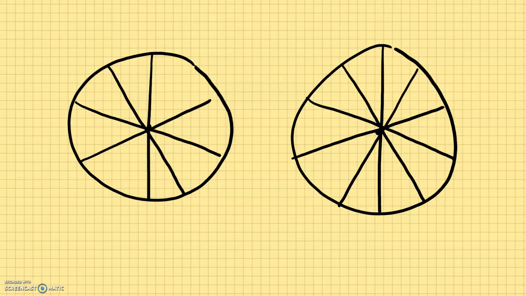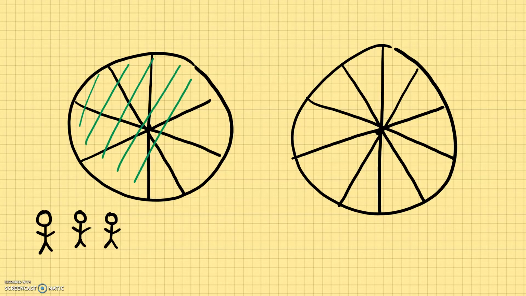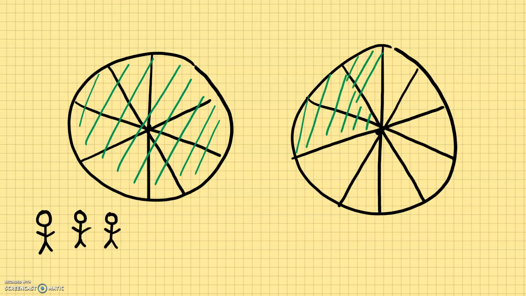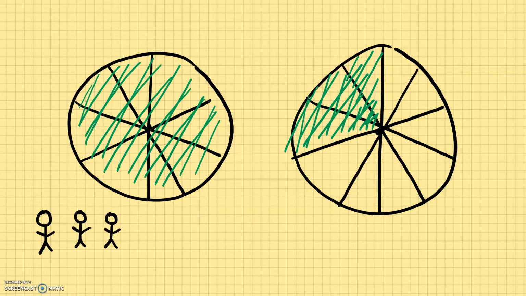Okay, let's say that I invited a few of my friends. So that's me, and then I invited 2 more friends to eat pizza with me. And the 3 of us ate one full pizza. So we ate this whole pizza, and we ate 3 more pieces. Okay, so we've eaten the green part. We've eaten this whole pizza here, and we've eaten 3 pieces from the second pizza.